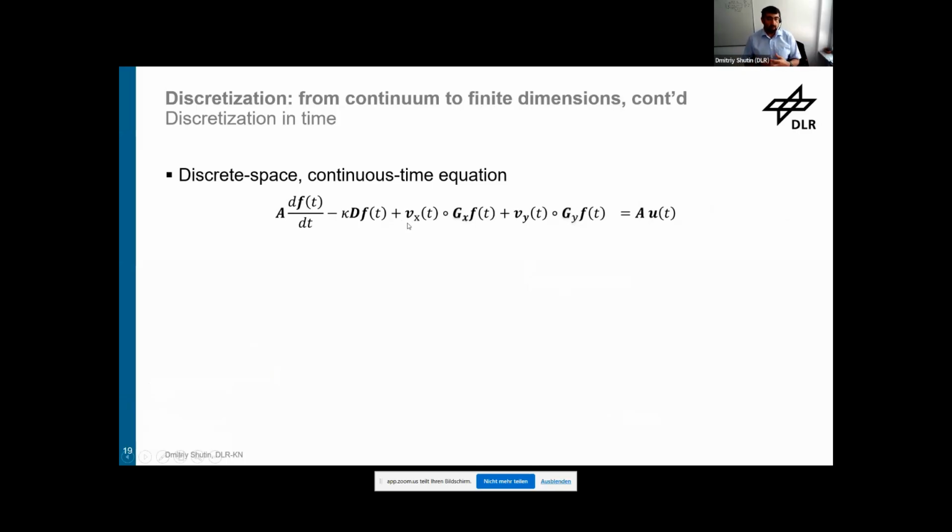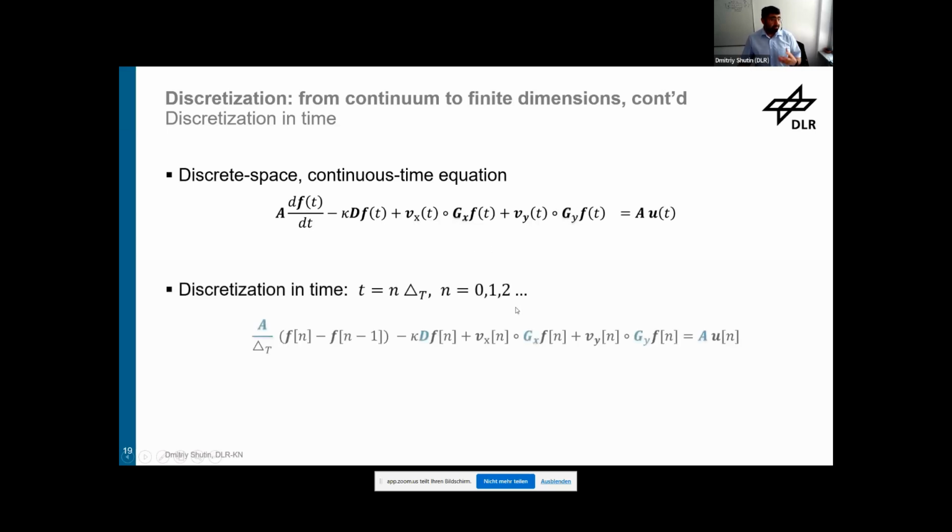And as you can see, we have here matrix vector products. It's a little bit complicated structure, but at the end of the day, it's vector matrix type multiplications. And the final step is, of course, to bring it all into discrete time by discretizing the time. And if we do everything properly, we end up with a difference equation that describes our advection diffusion now in a discrete domain, right?